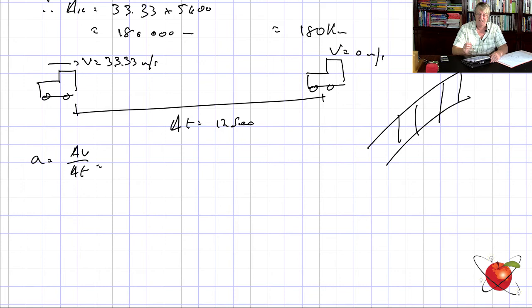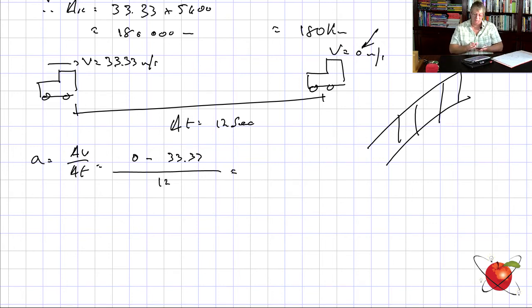Delta v is the final velocity, the end velocity, which is 0 minus 33.33, over 12 seconds. So the acceleration is minus 33.33 divided by 12 seconds, which comes to minus 2.78 meters per second squared.